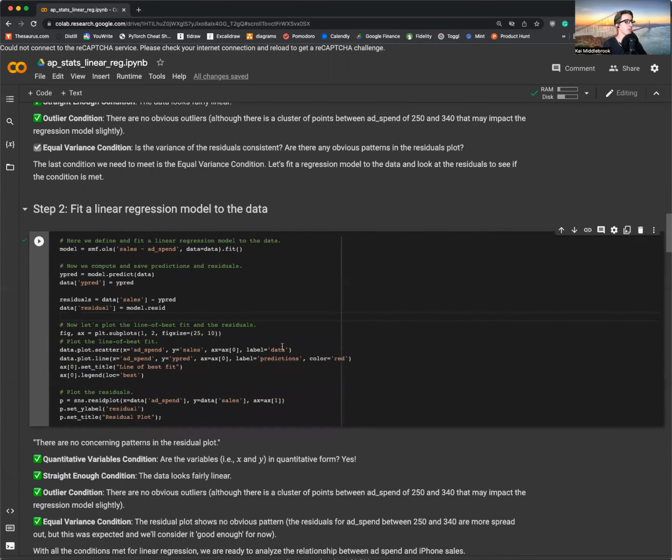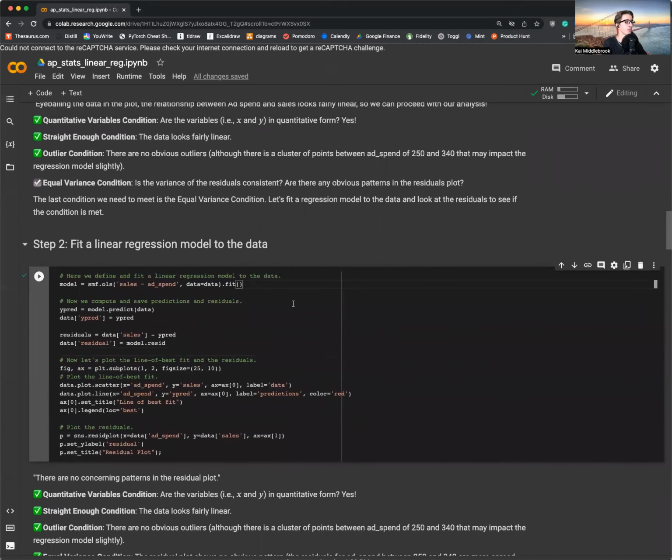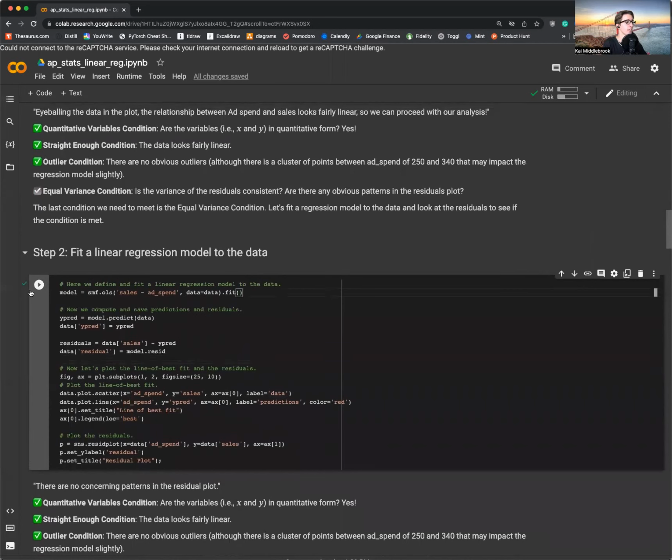All right. So in order to fit a linear regression model to our data, we're going to use the following Python code. So we're using the statsmodels package, and we're going to define an ordinary least squares regression line, which is, again, a linear regression model. And we're going to define the relationship we're trying to fit.